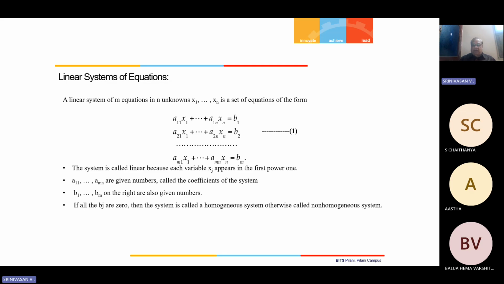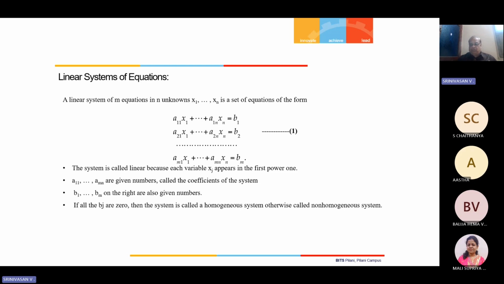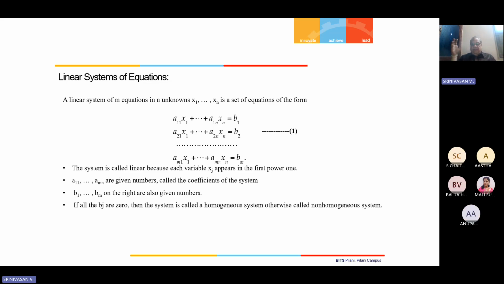If the system has three equations in three unknowns, then your A will be of order 3 by 3, and your X, the column vector, will have only three components x1, x2, x3. In practice, you will have at most three, at maximum four, but in general three. Okay, right. Next, on the right hand side, we will have constants.